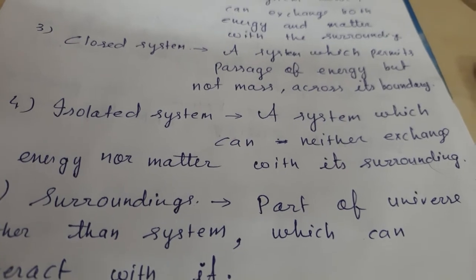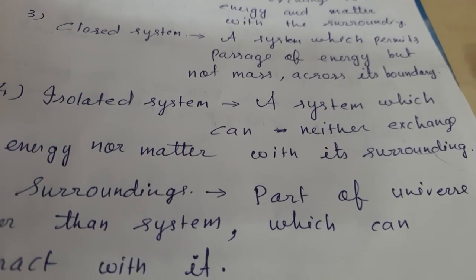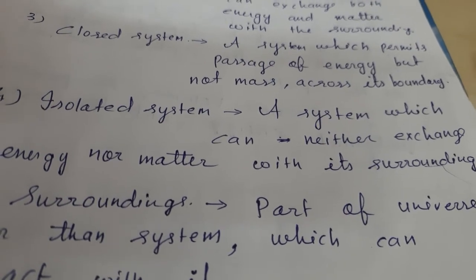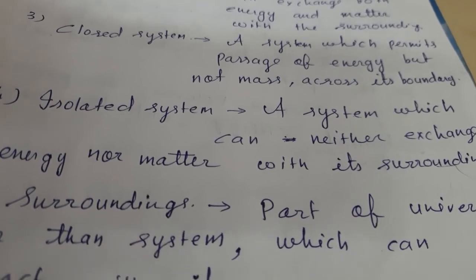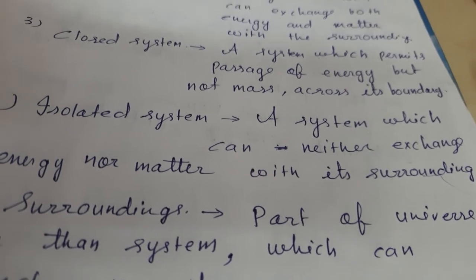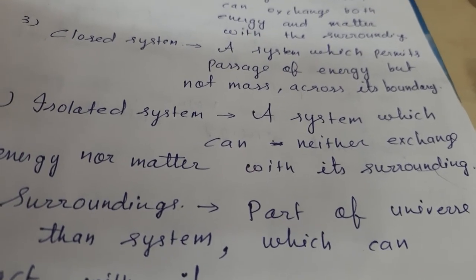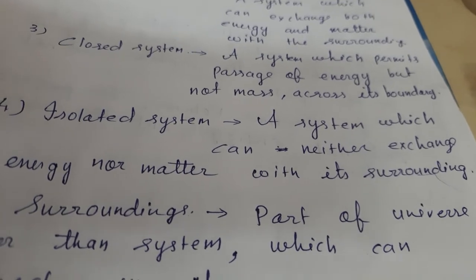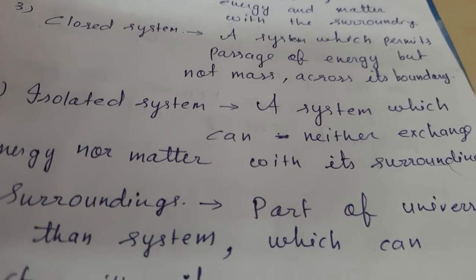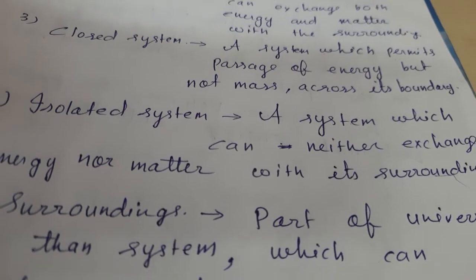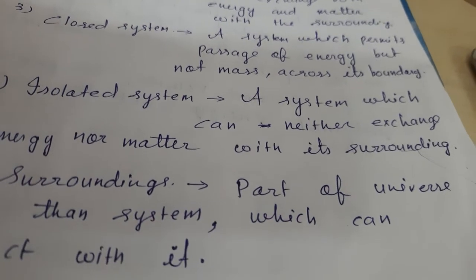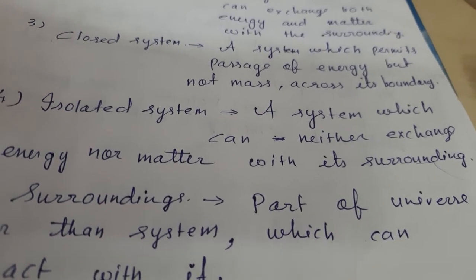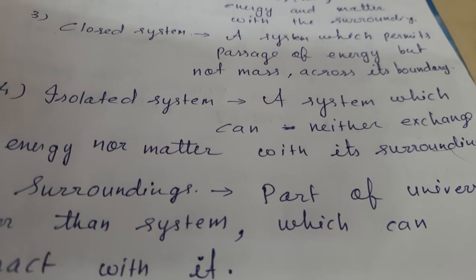But do you see children, a thermos flask will retain hot water up to what time? So 1 hour, 2 hour, 3 hour, no, 24 hours. After that it will get cold. So there is no perfectly isolated system. But for example, we can take a thermos flask as an isolated system which can retain hot water hot or cold water cold for a longer time, or any cold liquid or any hot liquid.